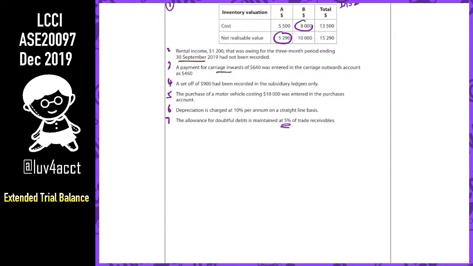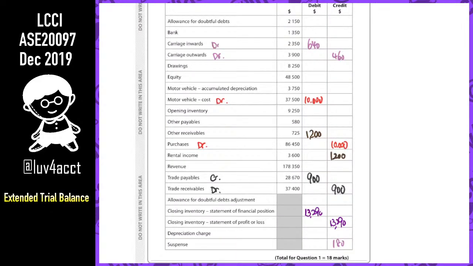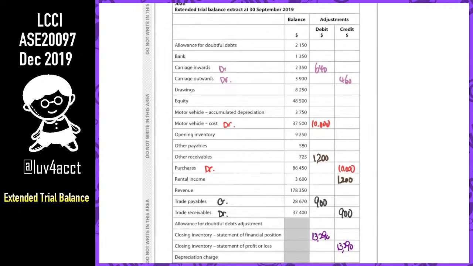Next, item 6. It is related to the previous one because we haven't charged depreciation yet, 10% straight line basis. In our last item, we adjusted the motor vehicle cost, added 10,000 to it. So make sure when you calculate depreciation, you use the adjusted amount, that is 47500, and 10%.